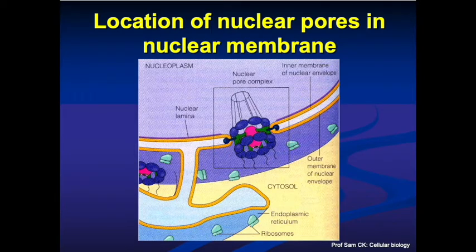It has a wheel shape, octagonal, with two parallel rings. You see two rings over here, the blue colored region, of 8 subunits each: 1, 2, 3, 4, 5, 6, 7, 8, with 8 spokes joining the ring.